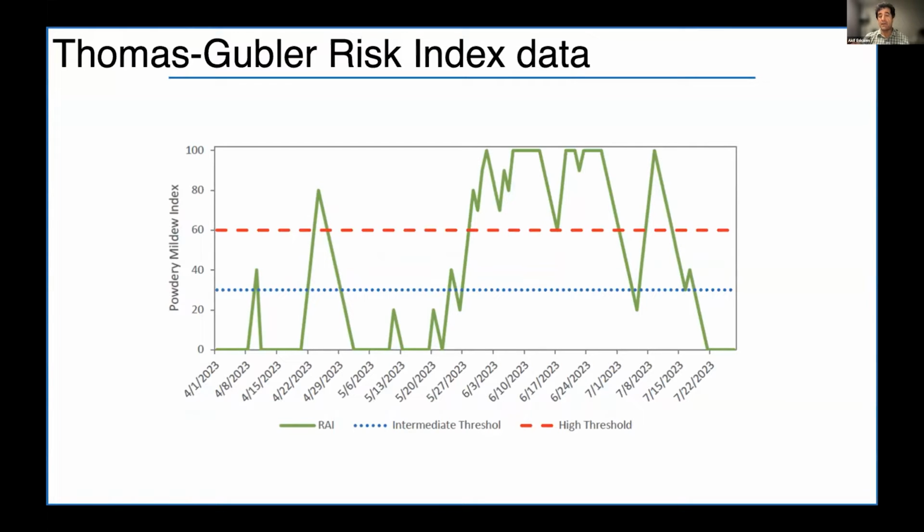So now UC IPM is providing this locally. When Dr. Gubler came up with this idea, he applied it to the entire California. As you all know by now, this is not applicable because each growing area in California has a microclimate. If you have a vineyard and you think that you have a microclimate, you've got to find a way to have this index for your area.